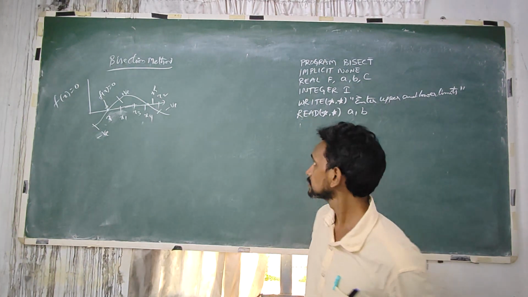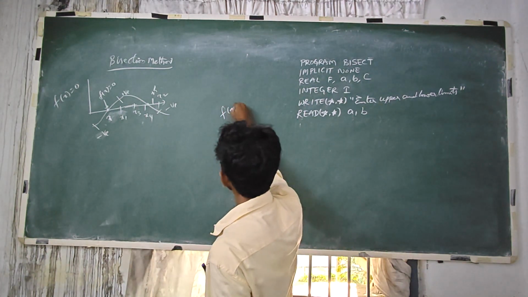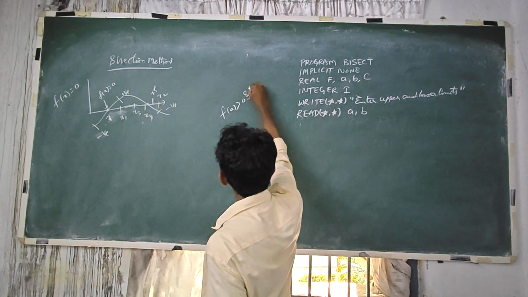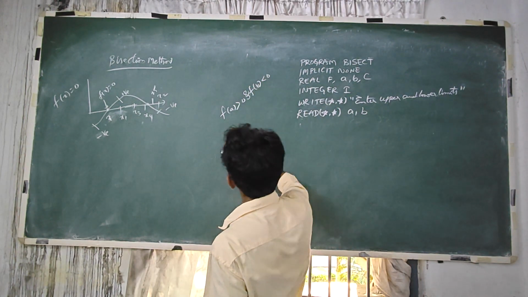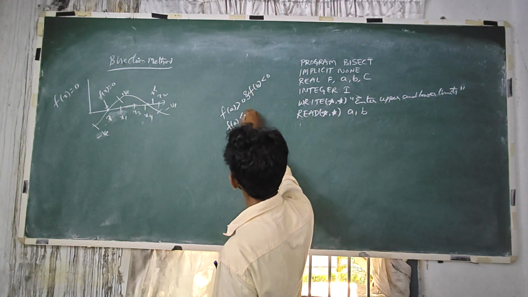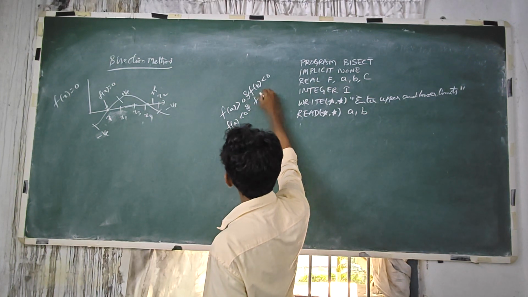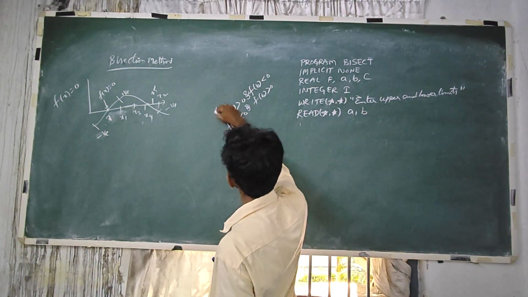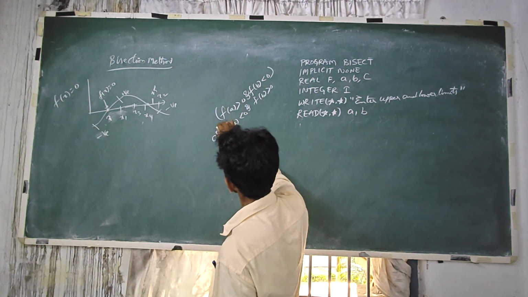Otherwise, f of A less than 0 and f of B greater than 0. We need to put an OR between them.